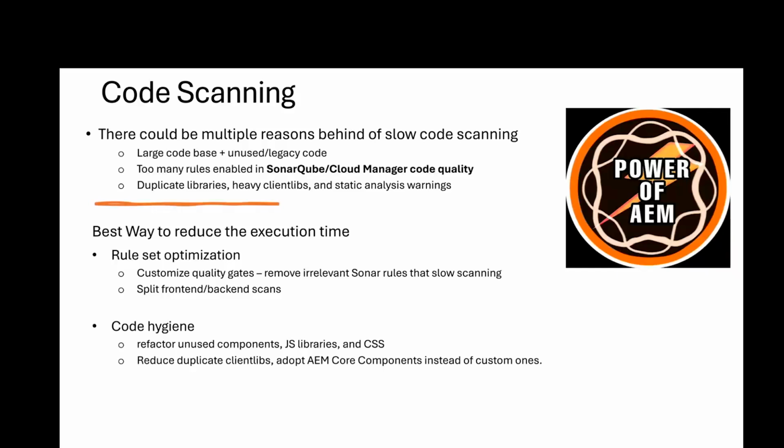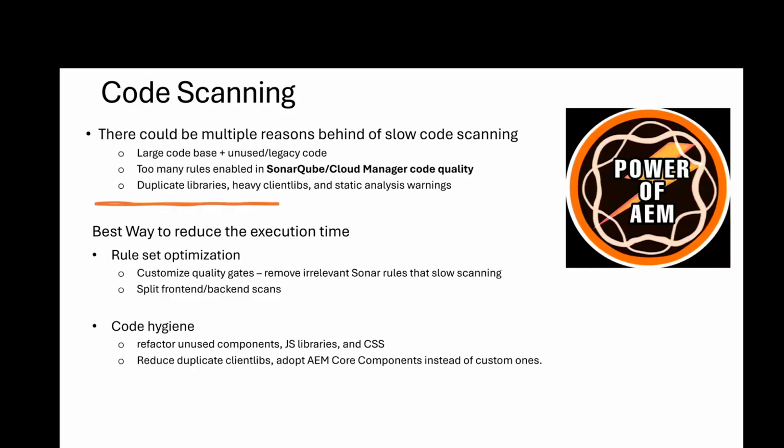We need to split our rules based on our different modules. For example, if we have front end, then we need to test that on the front end instead of testing it on the back end. Same for the back end. In code hygiene, we need to always look at which code is not in use or where we need to do some refactoring, because sometimes we have lengthy code which might be transformed into a cleaner and shorter method.